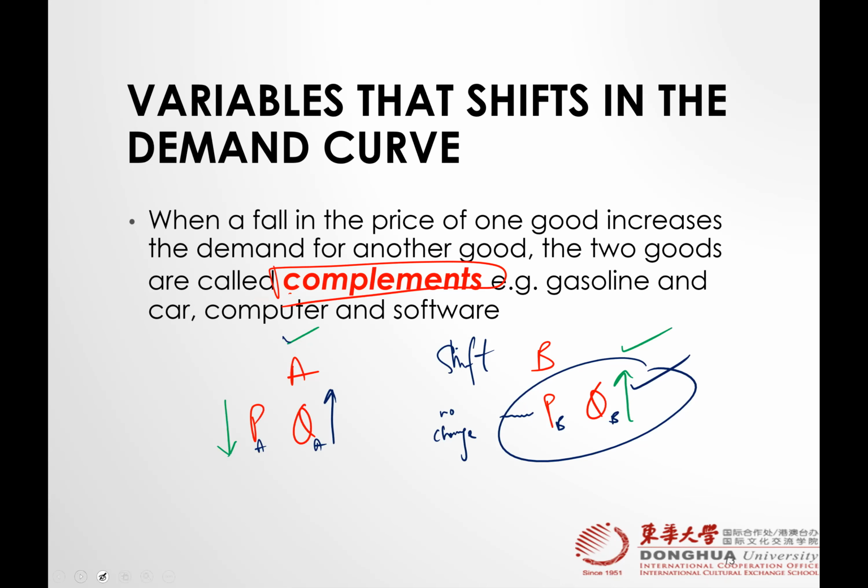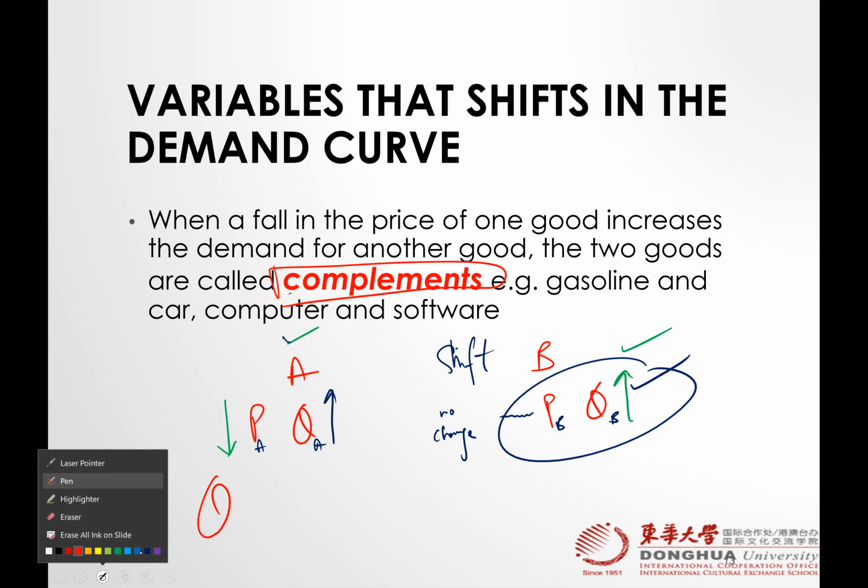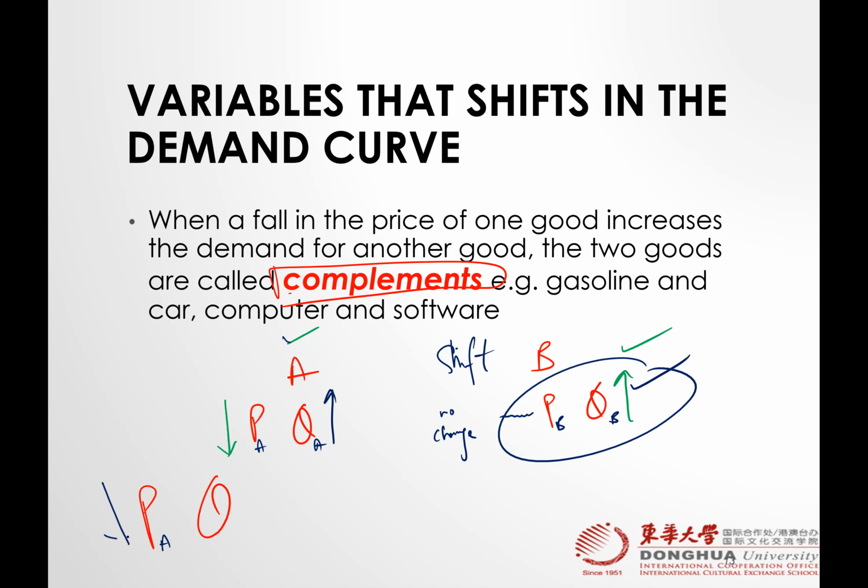So in a nutshell, what can we say? We can say the two goods are complements. How? If a decrease in the price of A causes an increase in the demand for product B, we call these two complements, right?